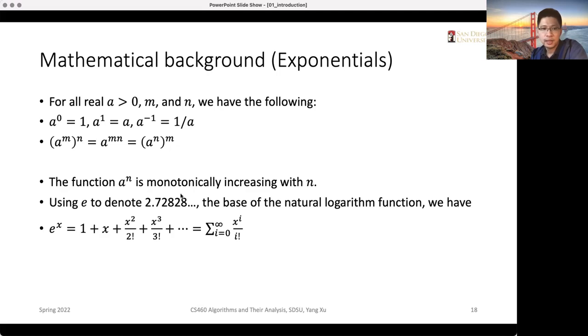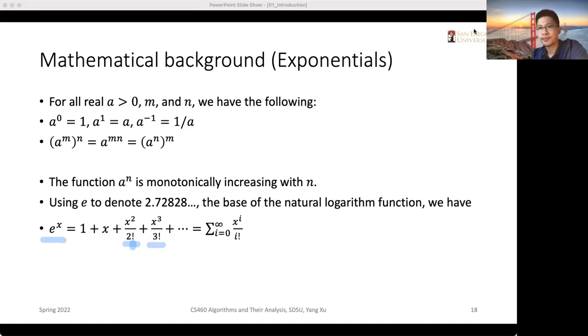How we define e to the power of x is 1 plus x plus x squared divided by 2 factorial, where 2 factorial means 2 times 1, and 3 factorial means 3 times 2 times 1.